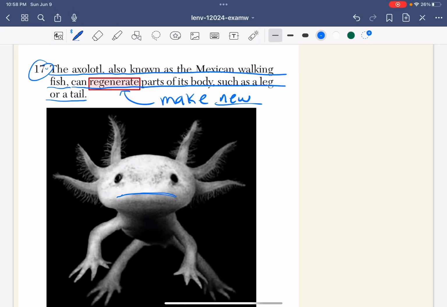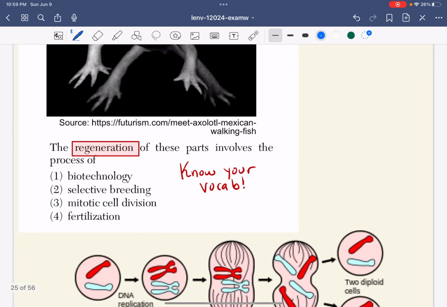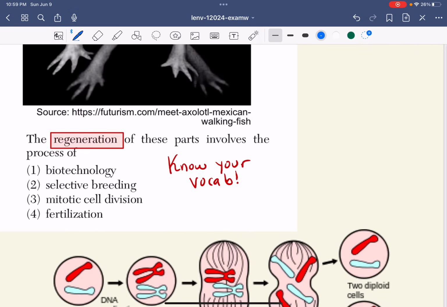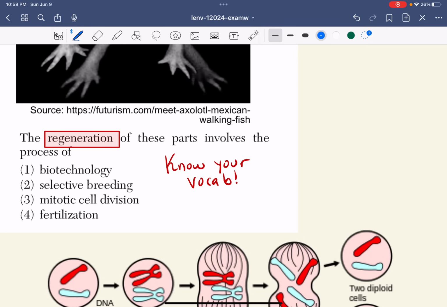When they lose their tail, they grow their tail back. Or certain types of worms, you cut them and then they become 2 different organisms. So regeneration is making a new part. So this cutie pie over here regenerates. Let's see how there's a source here of where the information is coming from. So let's take a look at the question, know your vocabulary.